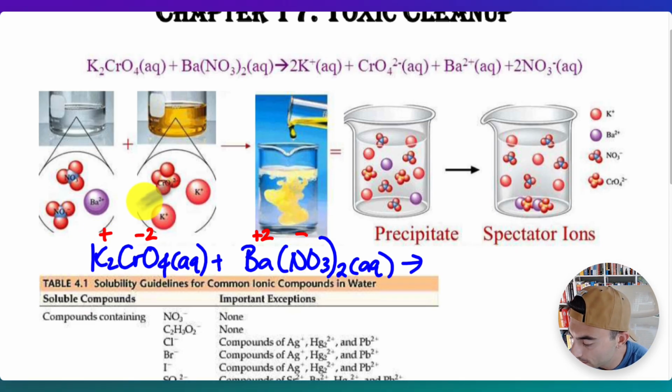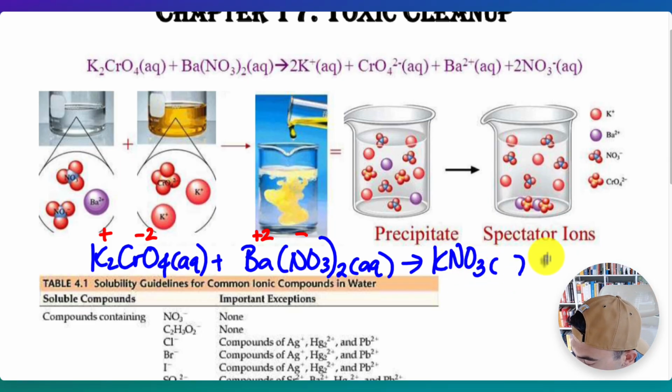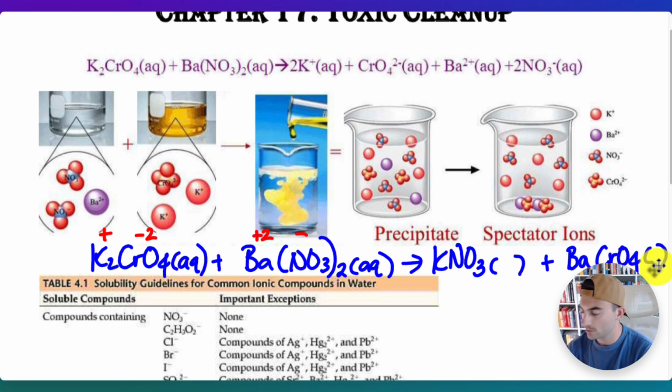So when potassium and nitrate come together, all we're doing is balancing their charges, ignoring any of the subscripts right now that tell us how many there are. Potassium's +1, nitrate's -1, so that's KNO3. And then barium is +2 and chromate is -2, so it's going to just be one of each of those to balance to 0.